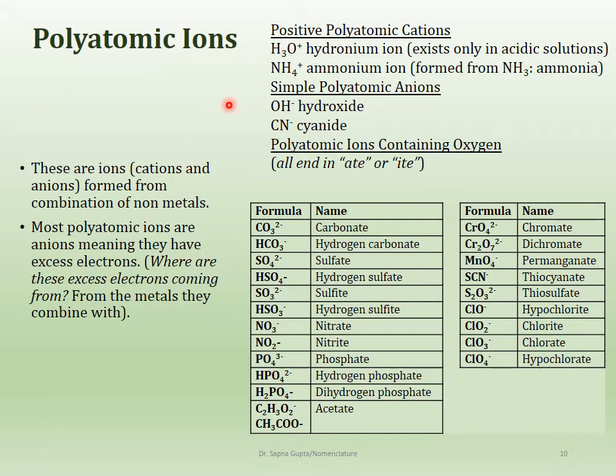Now, polyatomic ions. These are ions that are formed from non-metals. If you look at all of these elements, these are all non-metals, but they combine in such a way that they actually have extra electrons. The extra electrons are coming from metals, which means that these do not really exist by themselves.